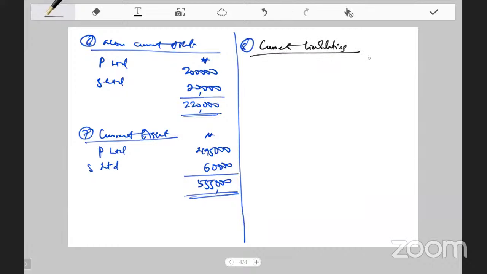For the current liability, I have for P Limited, what is the value for P Limited? 412,500. For S Limited, that is 42,500.